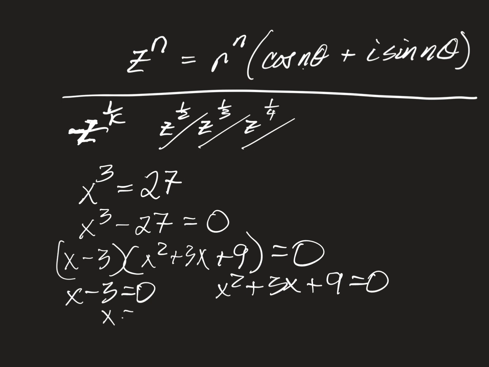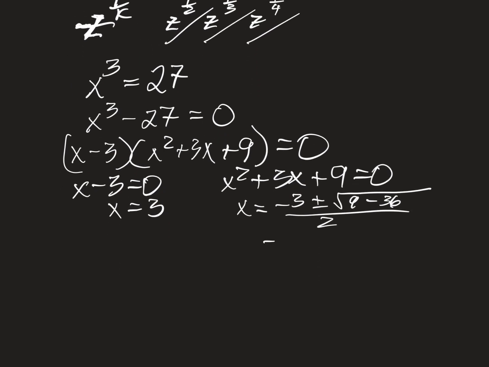And here we get x equals 3, and then here we'd have to use the quadratic formula, so x would equal -3 plus or minus the square root of b squared, 9, minus 4 times a times c, -36, over 2 times a.